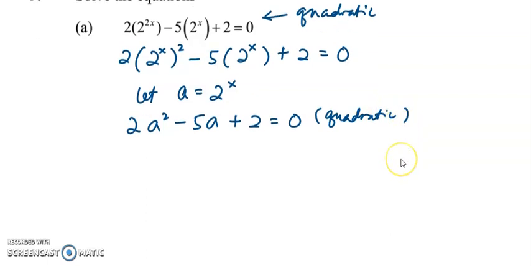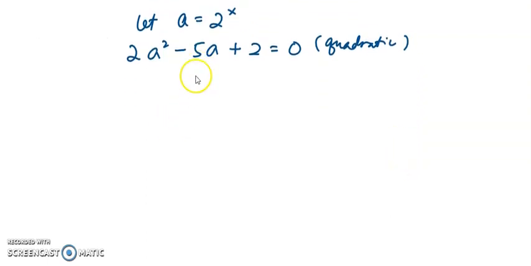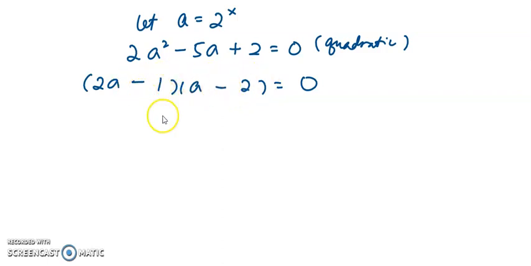We try to use the knowledge to solve the quadratic equation. Find a first, then we will change the a back to 2 power of x. From there, we solve for the x. So if you have 2a squared minus 5a plus 2 equals 0, this is already in the general form where you can directly try to factorize. Factorize: you get 2a multiplied by a, 2 multiplied by 1, negative, negative.